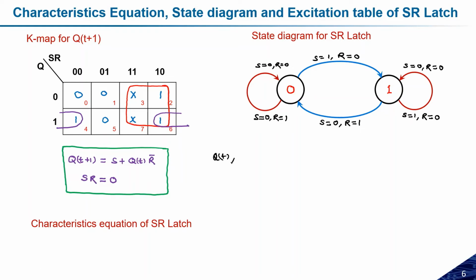I need to consider Qt and Qt plus 1 to define reset and set. If I consider it like this, we can call these the excitation table for the flip-flop.